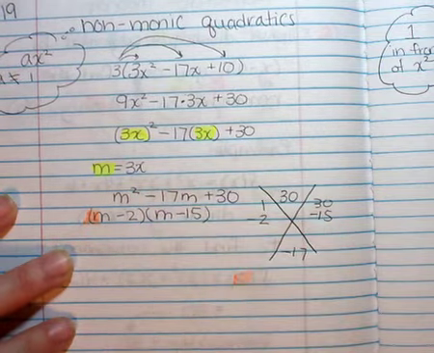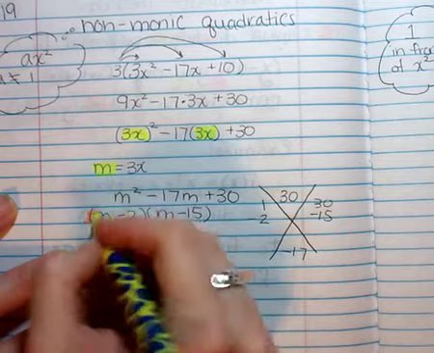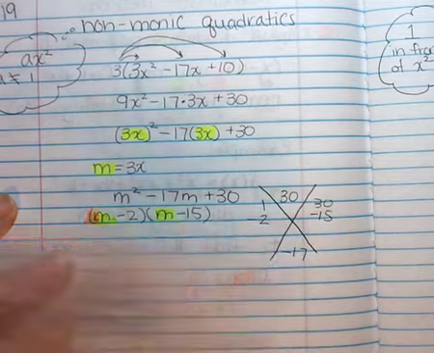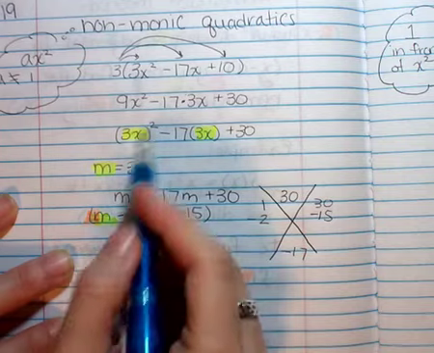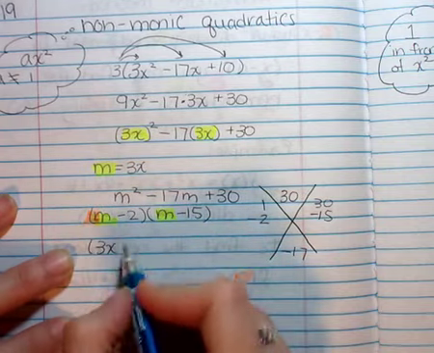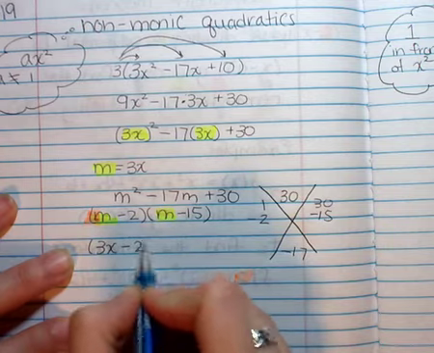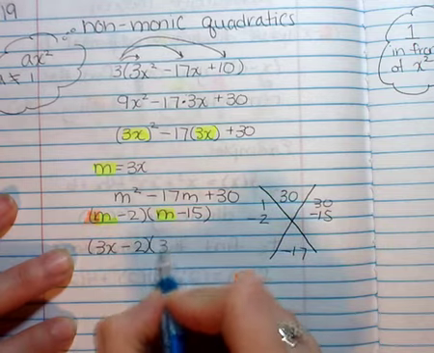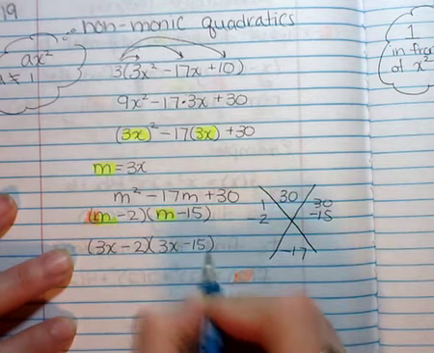But remember that we switched out that m, and that m really is 3x. So we need to come back and put that 3x back into our problem. So we have 3x minus 2 times 3x minus 15.